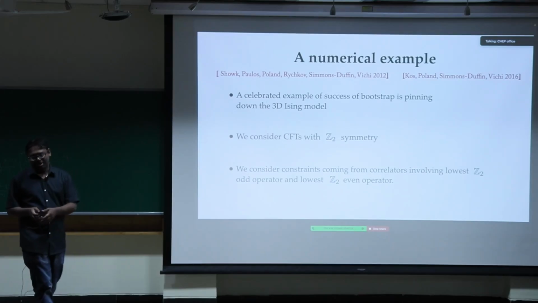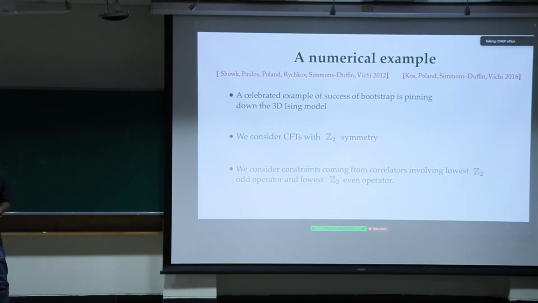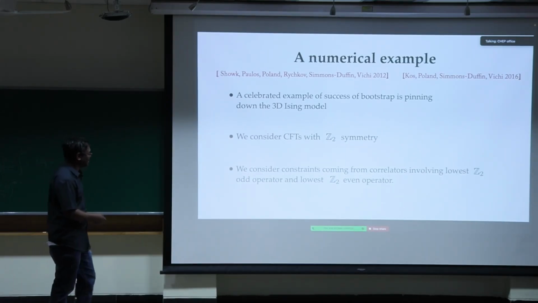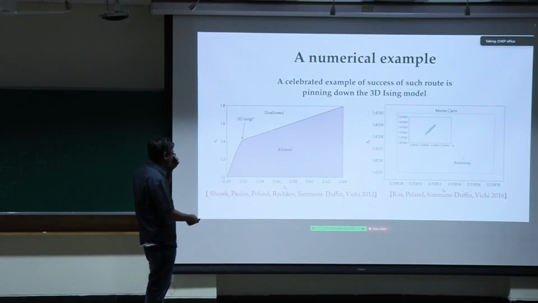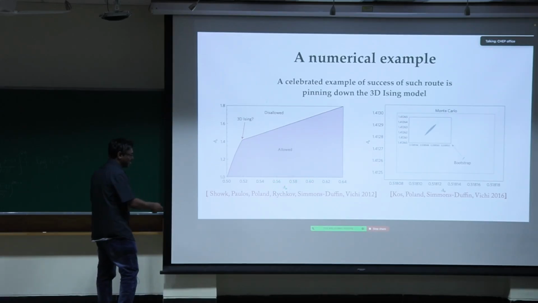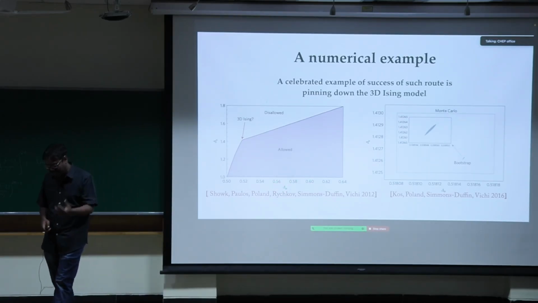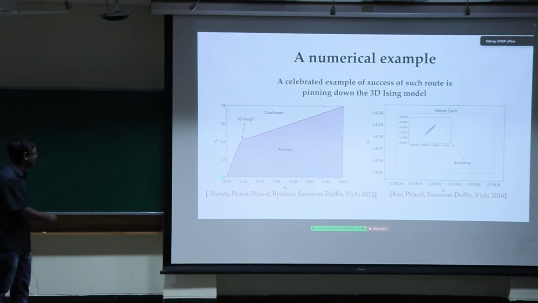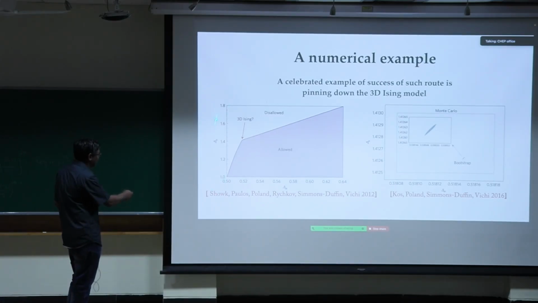Then you write down the crossing equation and you ask what are the implications of the consistency conditions. And you land up with this beautiful graph. Here on the x-axis you have delta sigma, which is the scaling dimension of the lowest lying odd operator, and this is delta epsilon, the even operator. You can show that all these white regions are not allowed.